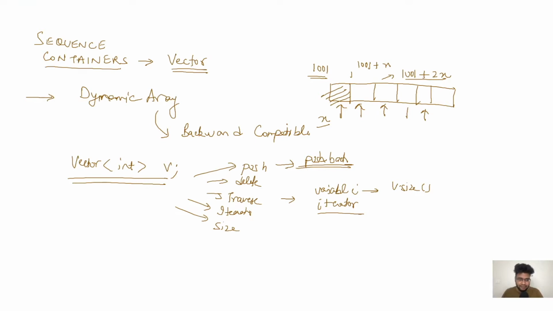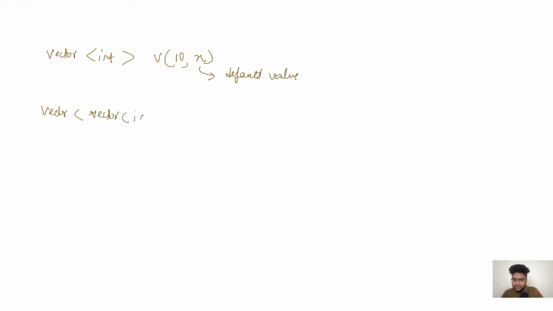Defining a vector is also very simple. If I want to define a vector which has 10 different elements, all of them defaulted to some value, we can define it like this: 10 comma x, where x is the default value. Right, if we want to define a 2D vector, we can also define it in a similar way.